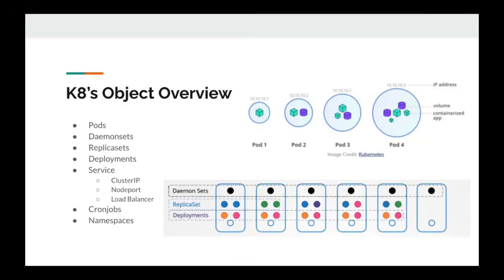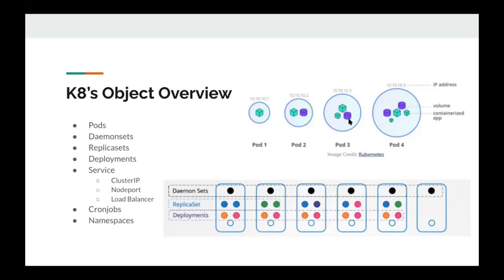Like in Docker you have one container, here also in the Kubernetes environment the pod is a very small unit. But in this pod you can have multiple containers. Like suppose this is your application and this is your database, and this will be your volume, this will be your application, and this will be your redis.